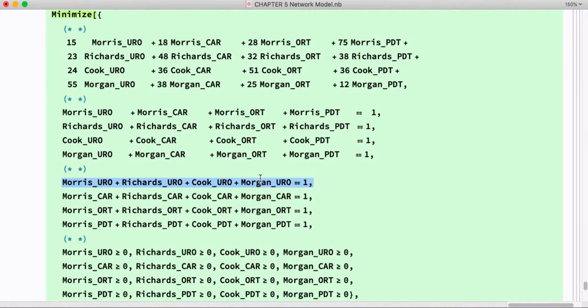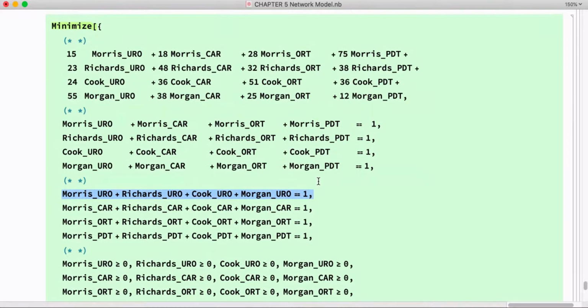In one case, we have the supply of nurses. And the other case, we have the demand from the departments. If all the departments need one nurse, and if each nurse can work only in one department, then we can be able to have a decision.